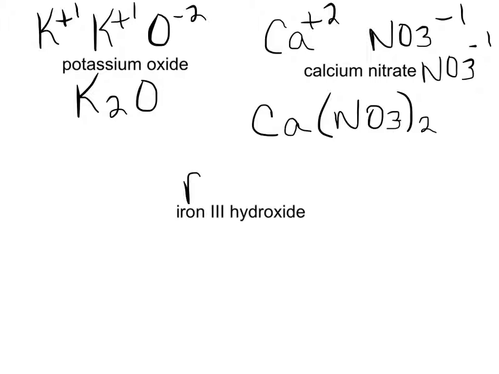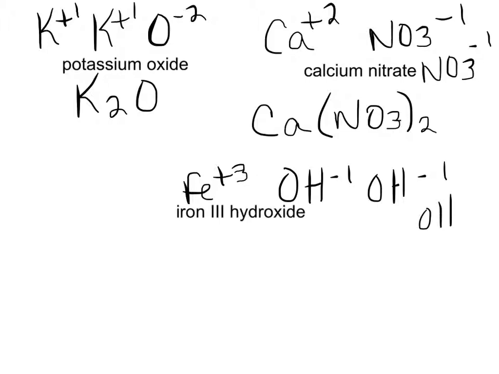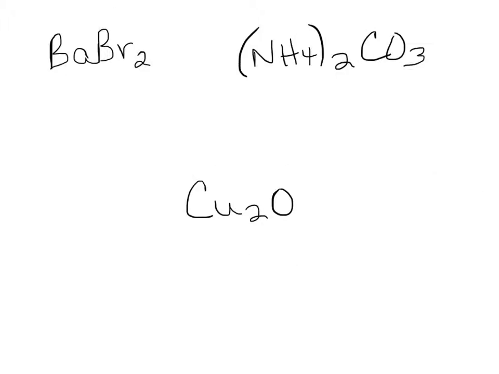Iron, they tell you the Roman number is 3, so the charge on this atom is +3, and hydroxide is -1. So you need some more negative charge, a total of 3 hydroxides. So your formula would be Fe(OH)3.